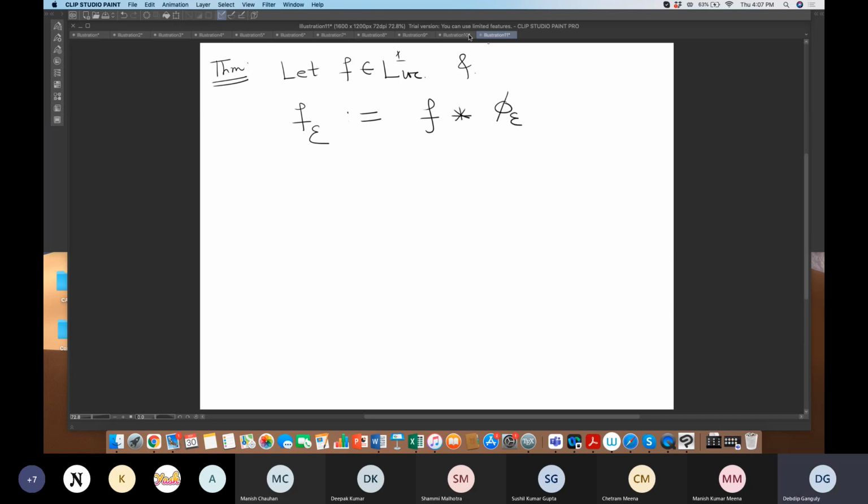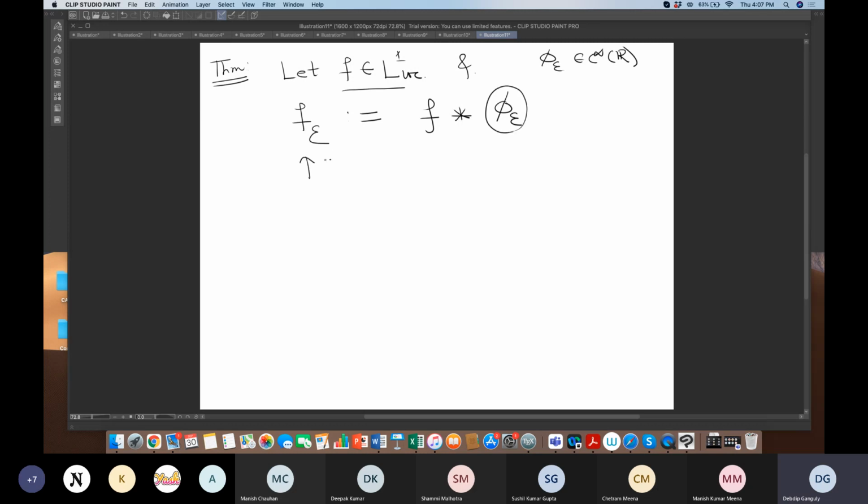Phi epsilon is the same as before. It is a C infinity function in R^n with support in minus epsilon to plus epsilon. So this is a very smooth function, a C infinity function.